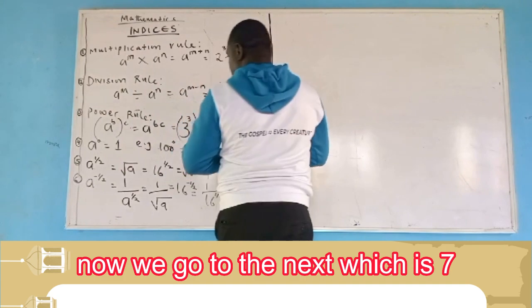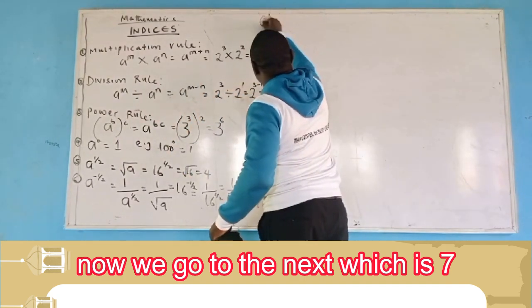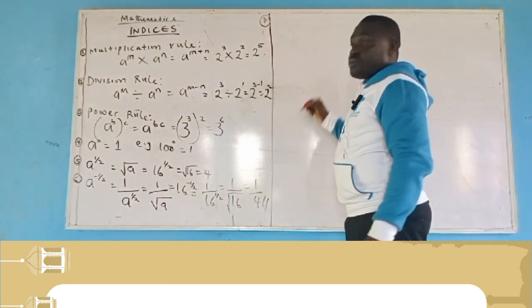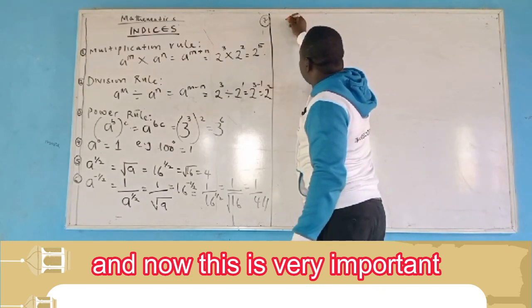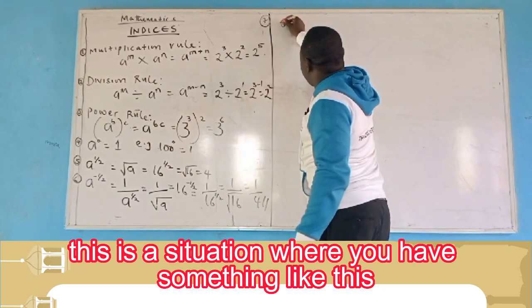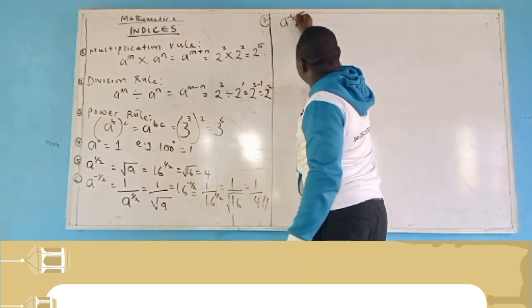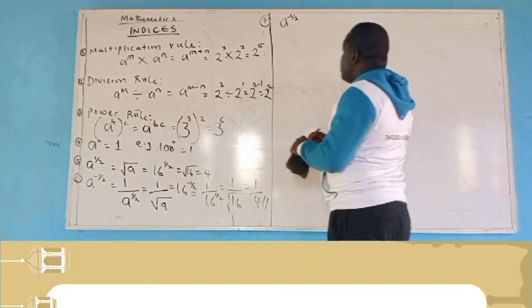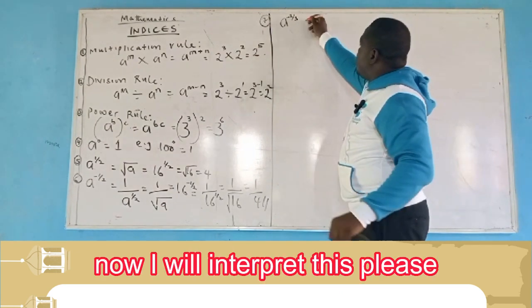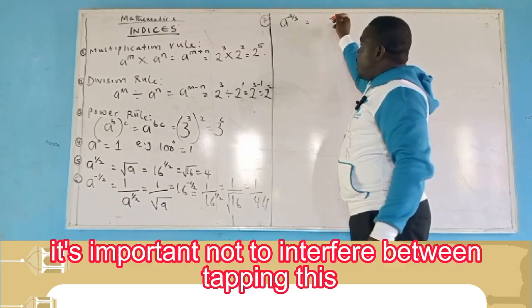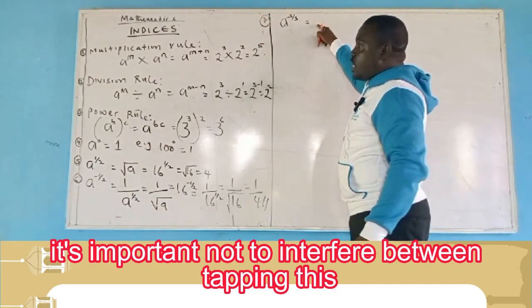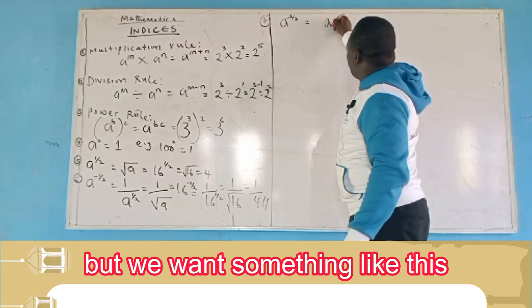Now we go to the next, which is 7. And now this is very important. This is a situation where you have something like this. In this case, how do you interpret this, please? It's important to know how to interpret it. To interpret this, we're going to have something like this.